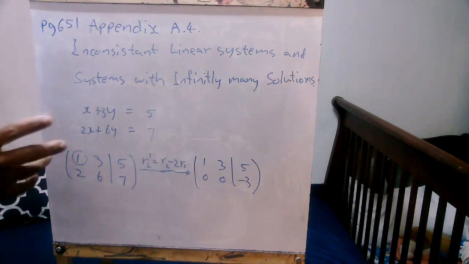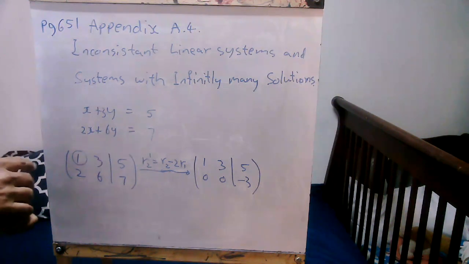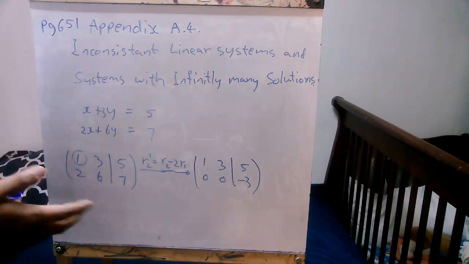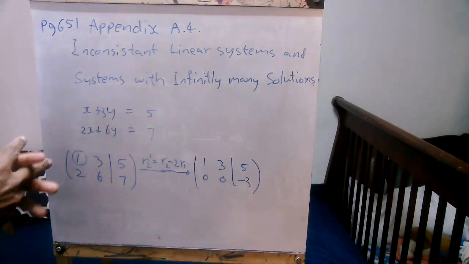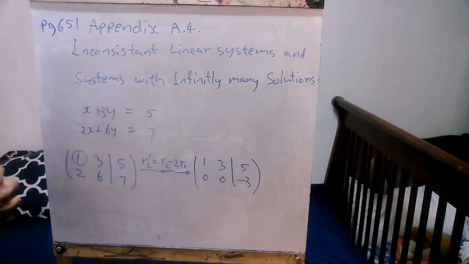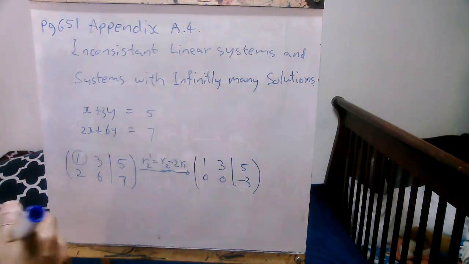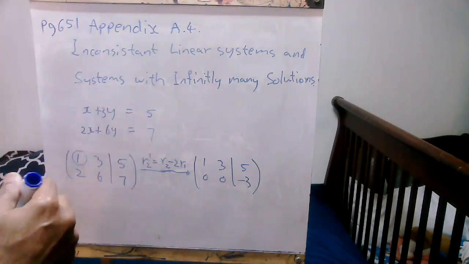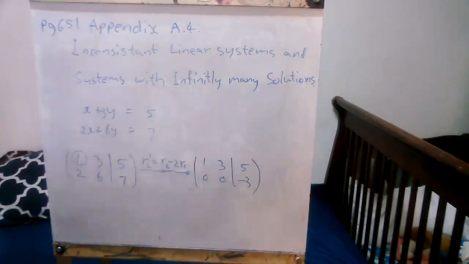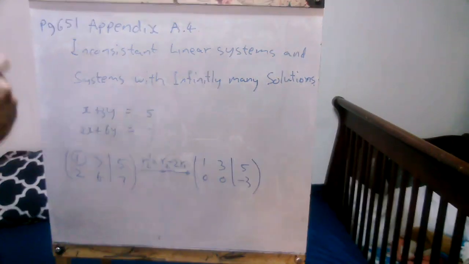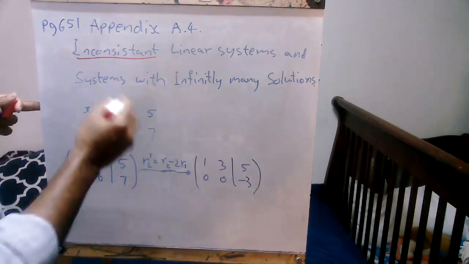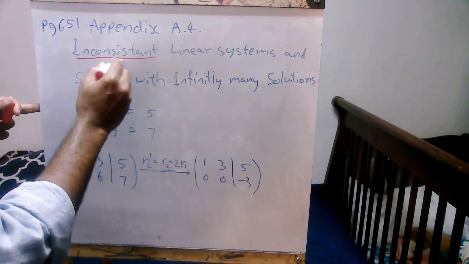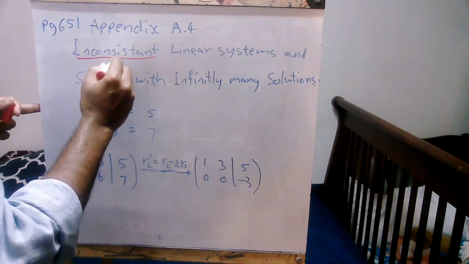now we already discussed systems with unique solutions, meaning one solution. Today I'm going to discuss systems with no solution. This word inconsistent means this system has no solution.